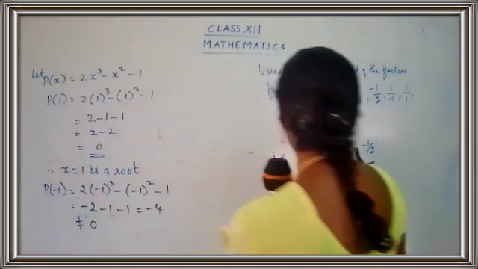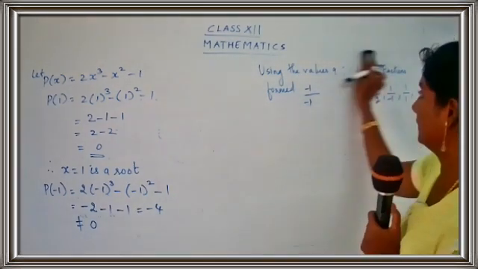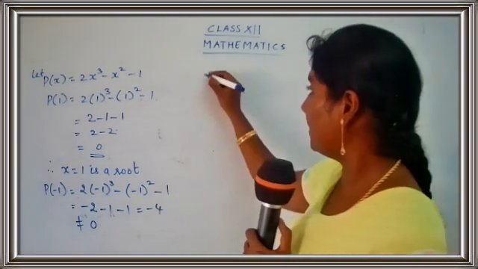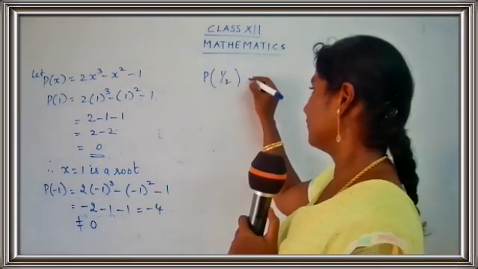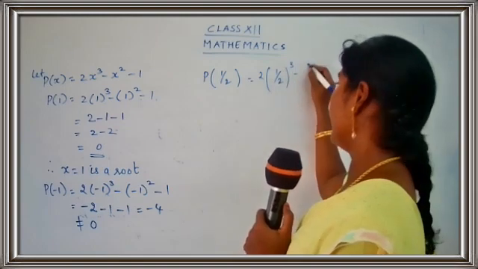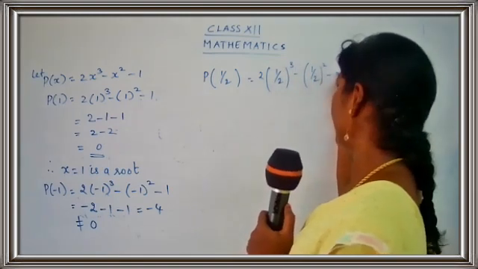Let me try for the remaining values, 1 by 2 and minus 1 by 2. Come on, try for P of 1 by 2: 2 times 1 by 2 cube, minus 1 by 2 square, minus 1.